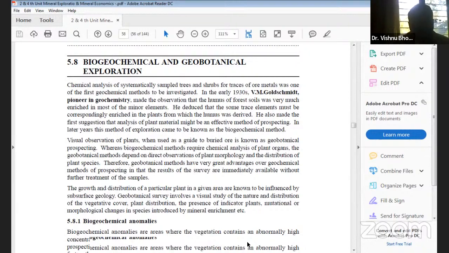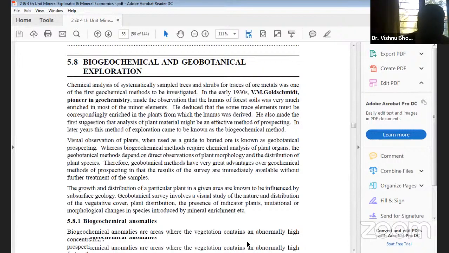He made the observation that the humus of forest soils was very much enriched in most of the minor and trace elements. He deduced that some trace elements must be correspondingly enriched in the plants from which the humus was derived.